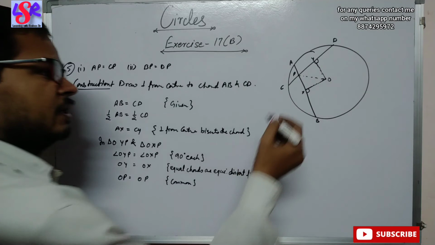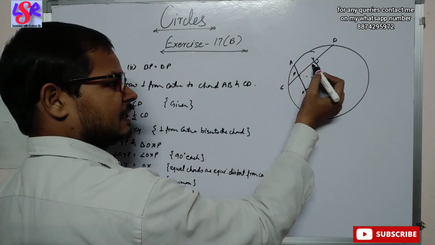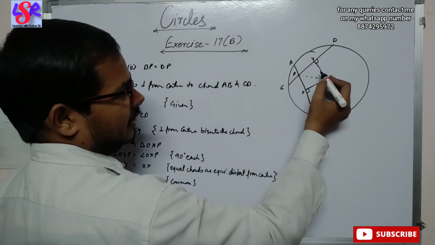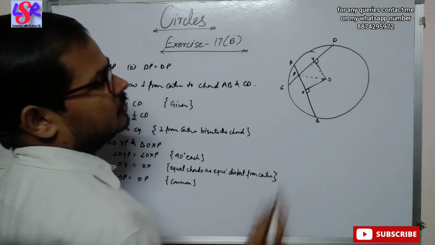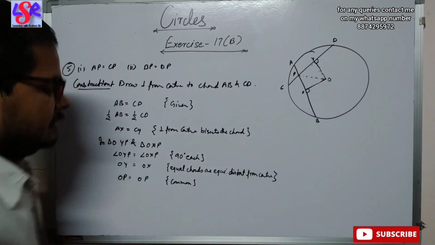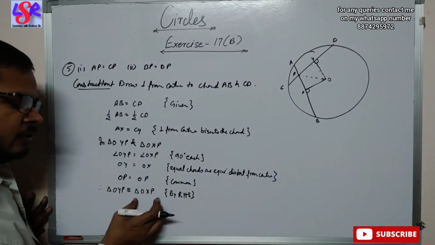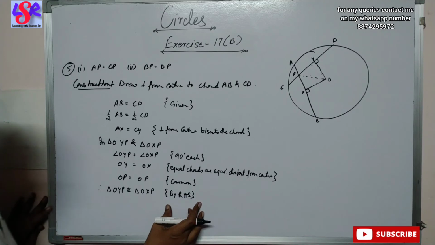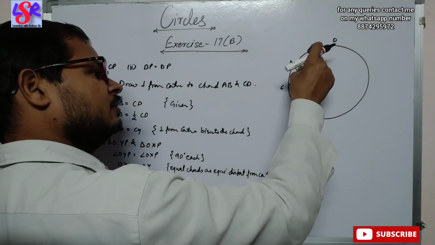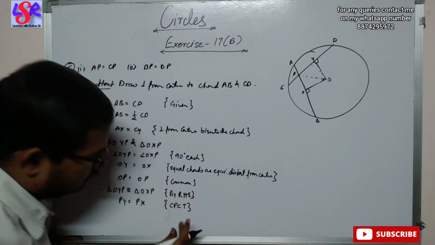To prove this, we have used the 90 degree angle, the common side, and this side that is equidistant from the center. So it is RHS. Therefore, triangle OYP is congruent to triangle OXP by RHS. Now, as these two triangles are congruent, we can prove PY equals PX by CPCT.